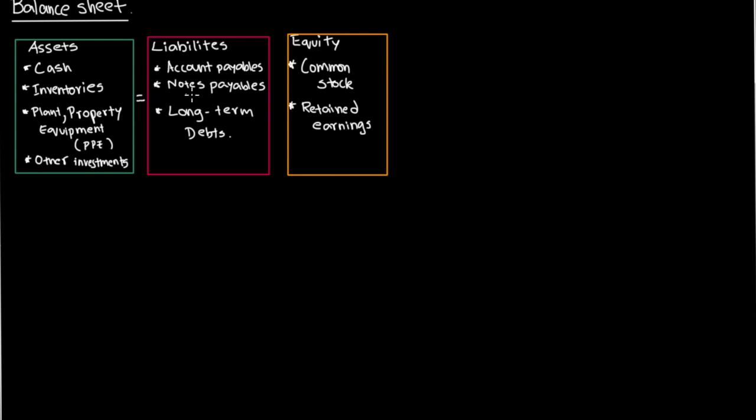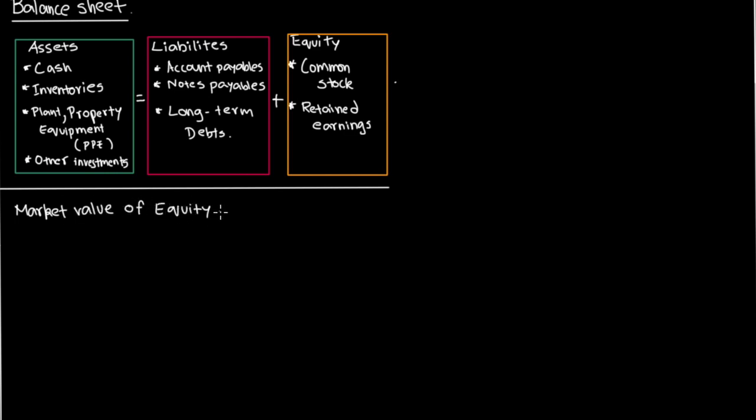So an important equation is assets is equal to liabilities plus the shareholders' equity. So this is a very awesome way to look at it. So let us now talk about, there are like two types of equity. Very interesting, right? So the first type is the market value of equity. So it is the value of equity given by the market.